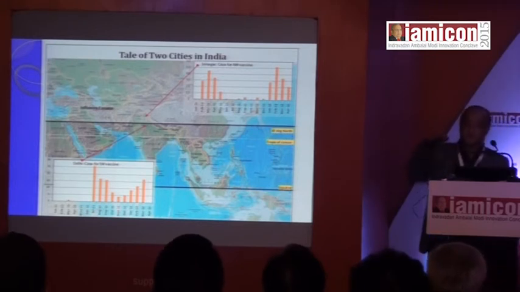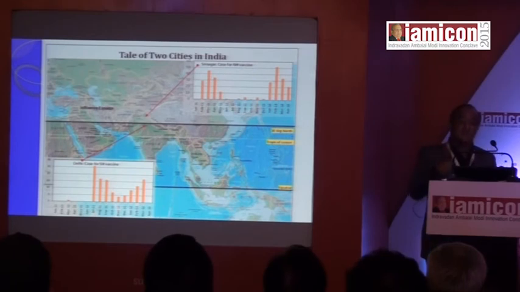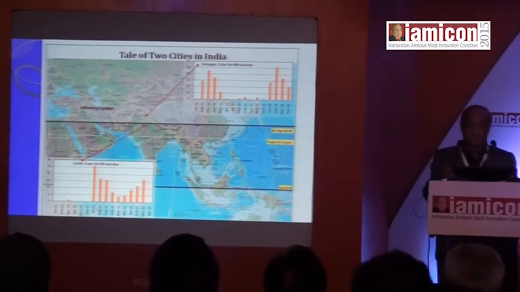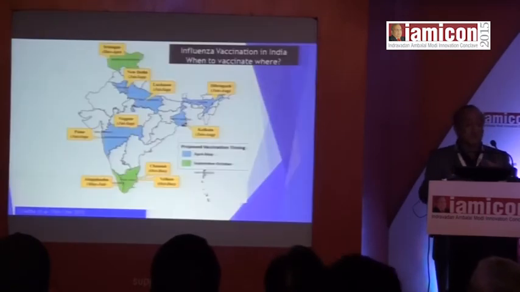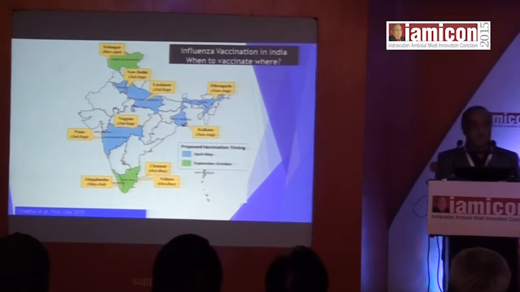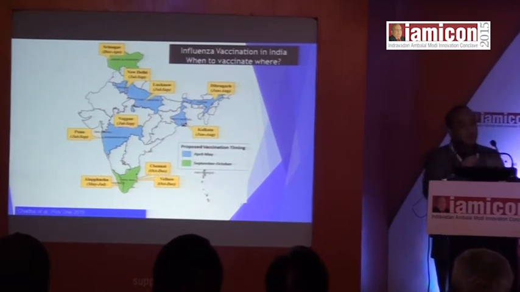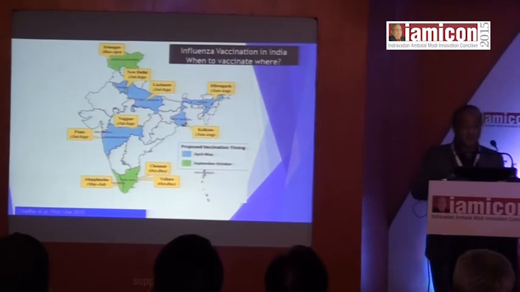where areas north of this are exhibiting a northern hemispherical pattern of circulation, whereas areas which are south of this exhibit a southern hemispherical pattern of circulation, which has definite implications for the vaccination policies across the country. And this is how it is that most of the country has to have vaccination somewhere pre their peak activity, which will be somewhere in summer months, whereas Srinagar should have vaccination at this time of the year.